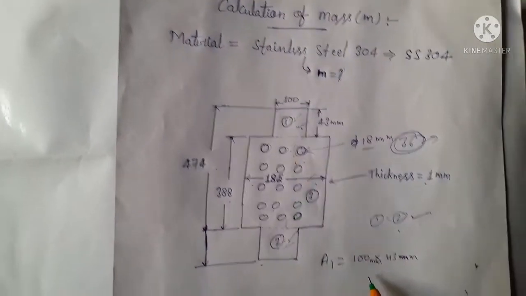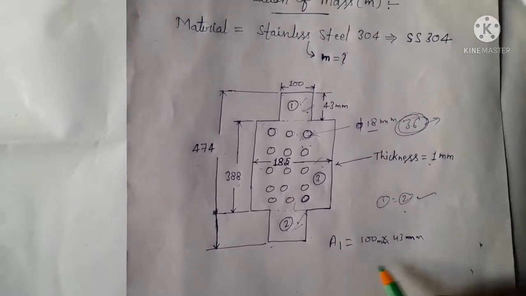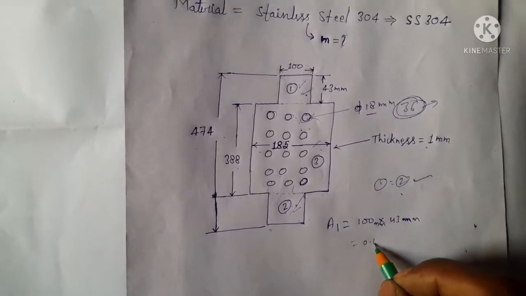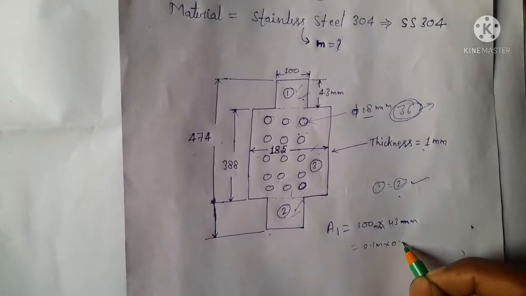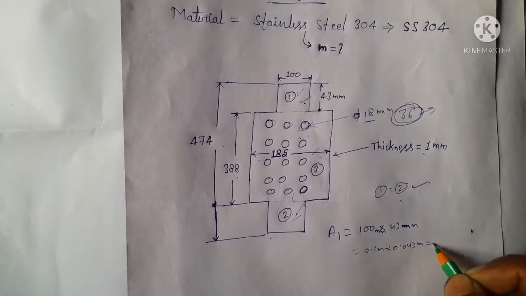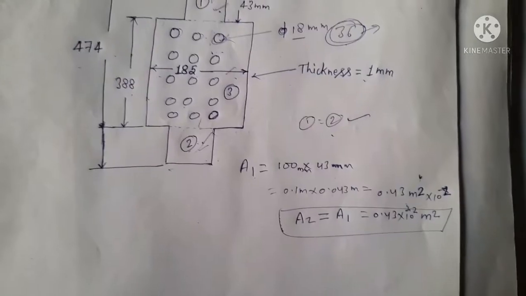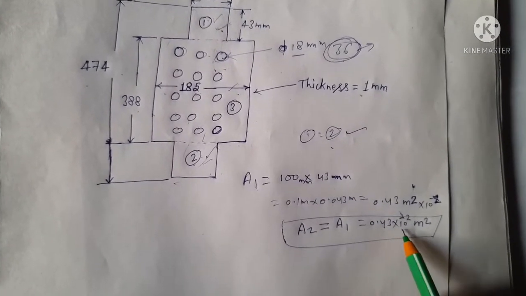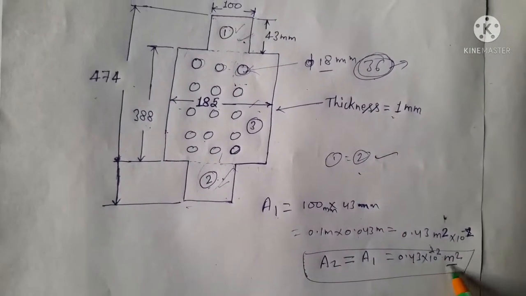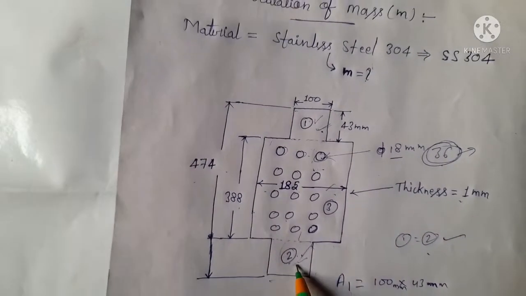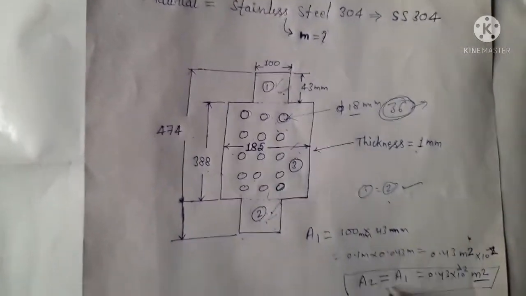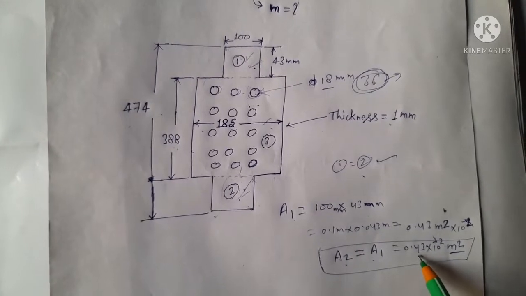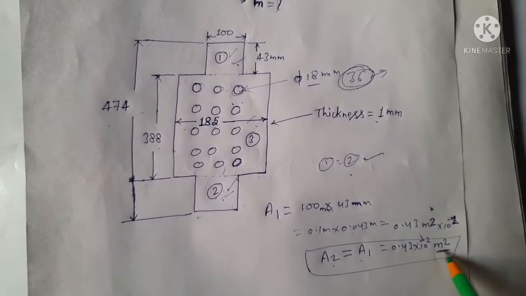This area is 100 multiplied by 43 mm. Converted to meters, that is 0.1 meter multiplied by 0.043 meter, and after calculation you get 0.43 times 10 to the power minus 2 meter square. This area and that area are equal, so A2 equals A1 equals 0.43 times 10 to the power minus 2 meter square.